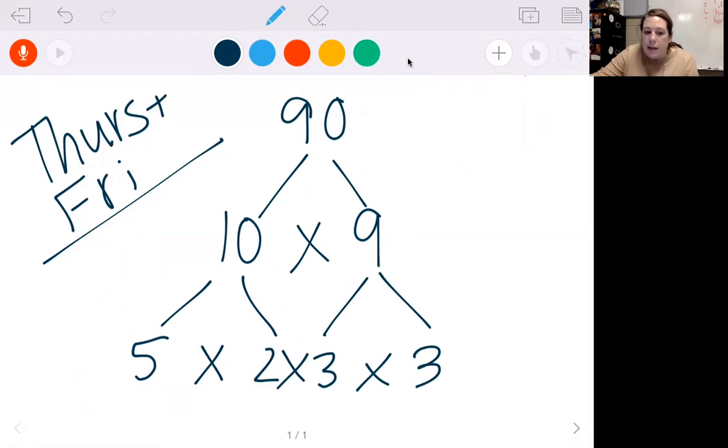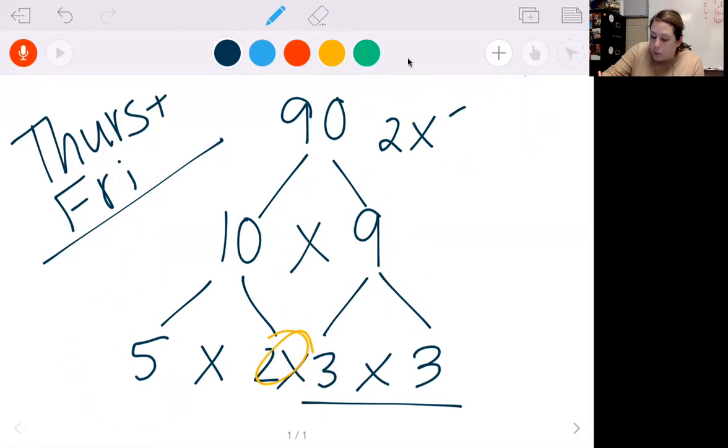If I broke them down any more, I could do 5 times 1 is 5. Well, then I have to break down 5 times 1 is 5 again. It just keeps going. So stop when you get to a prime number. So now to do the prime factorization, I could say 2, so I use that one, times 3 squared, because there's 2 3s, and there's only one 5, so I'll put times 5.